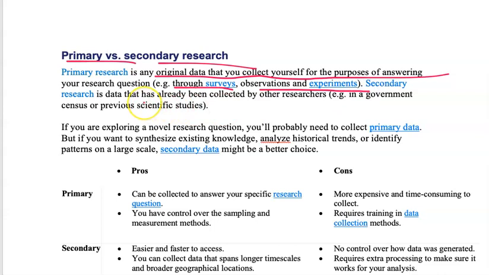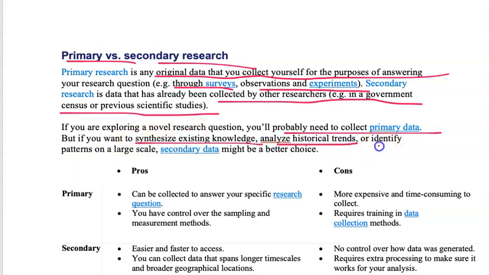Secondary research is data which is collected by other researchers or government agencies like the census or statistical organizations. If you are exploring a novel research question, you will probably need to collect primary data. But if you want to synthesize existing knowledge, analyze historical trends, or identify patterns on a larger scale, secondary data can be useful.